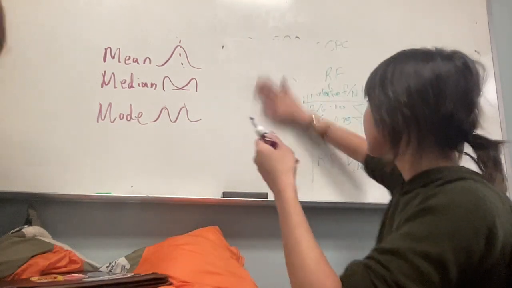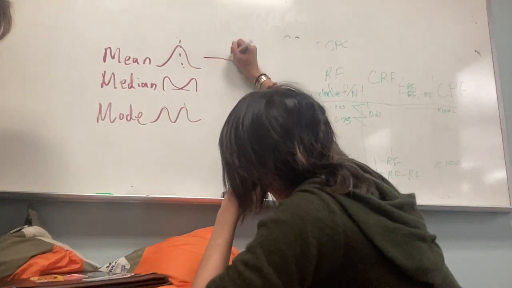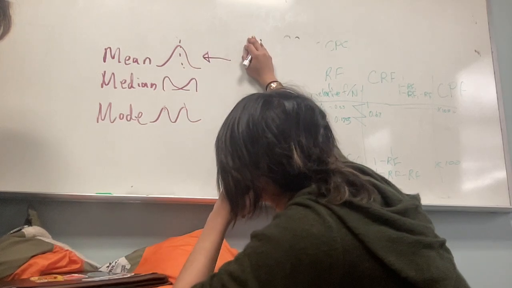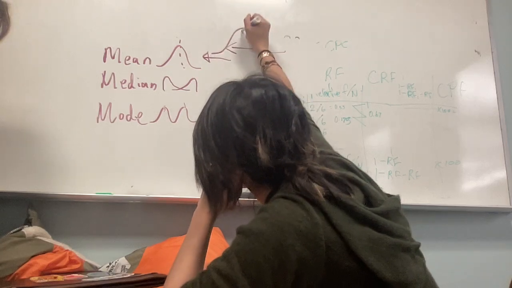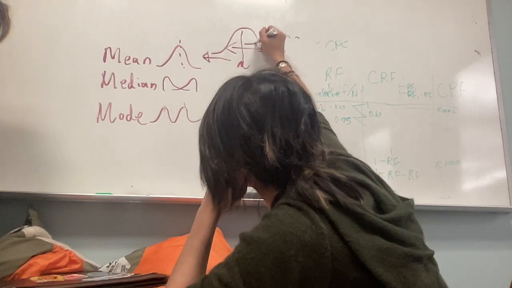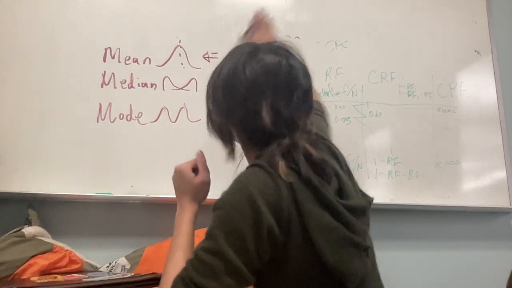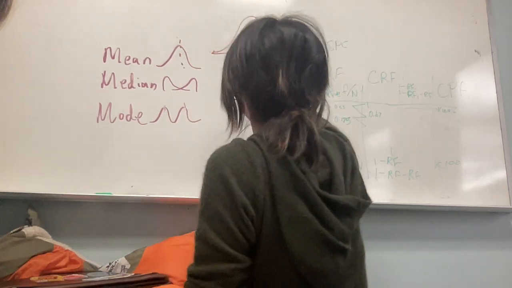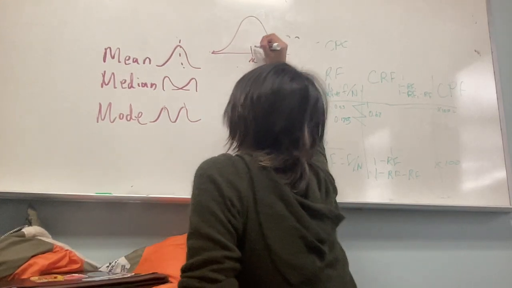If you want to get more advanced, what is the measure of spread associated with the mean? Think of a normal distribution. You've got the mean in the middle. What's the spread?